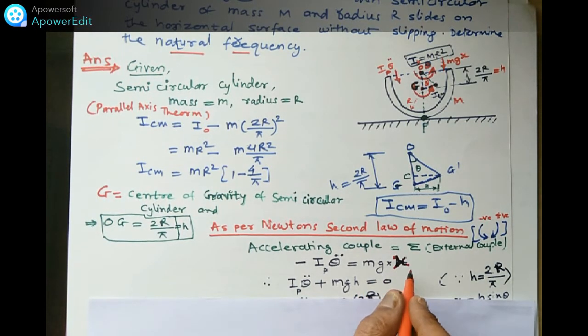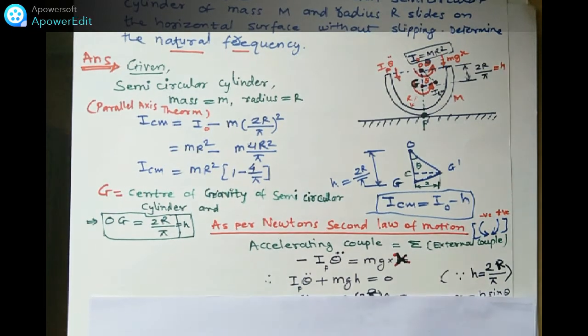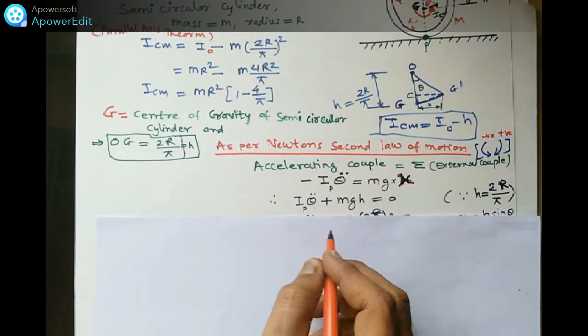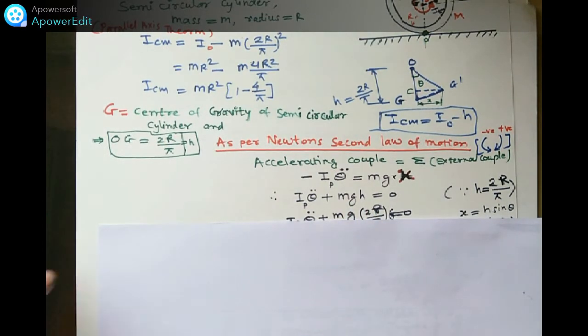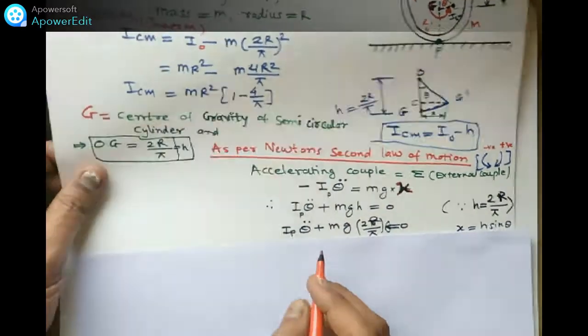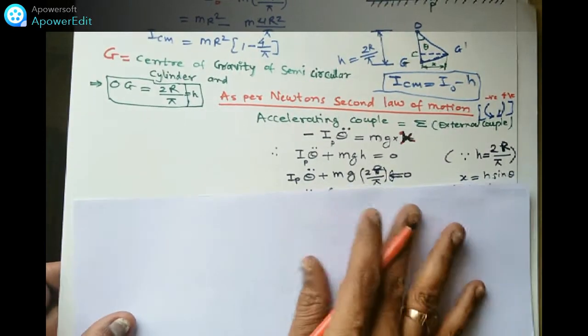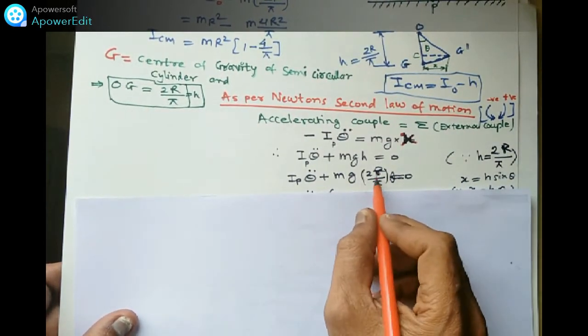We can rewrite this equation like this also: IP theta double dot plus mg h, and we can put the value of h.